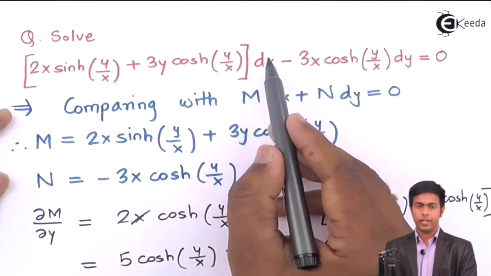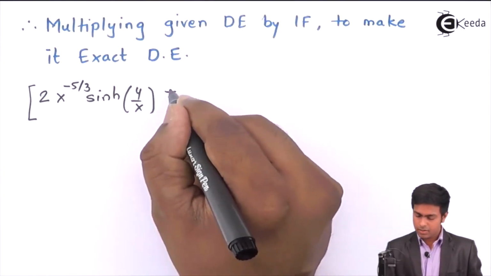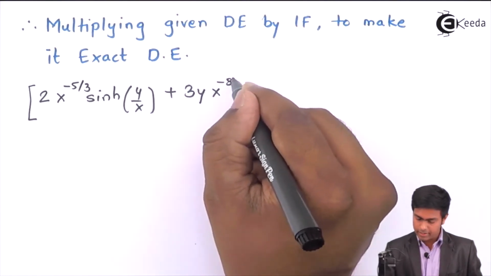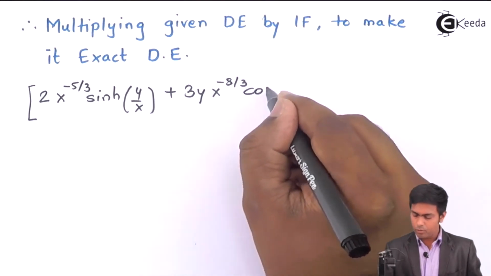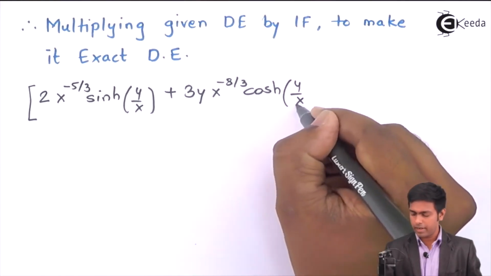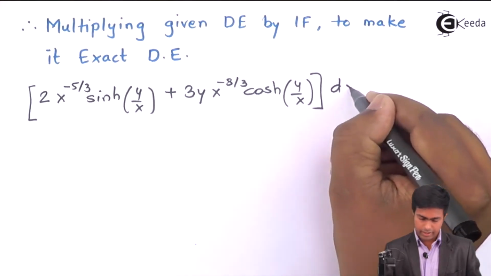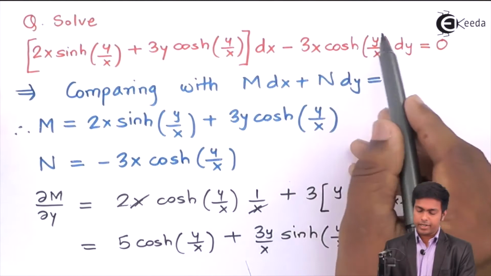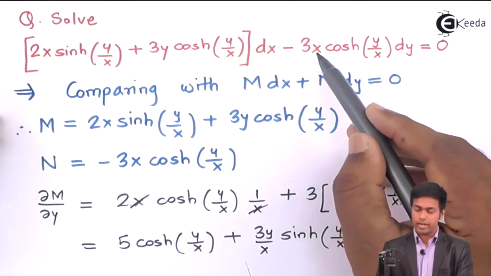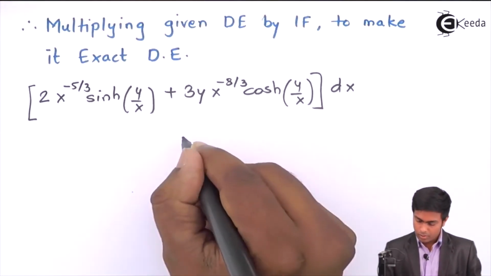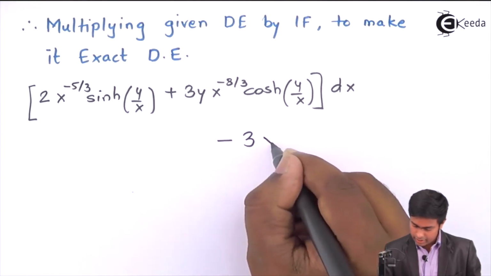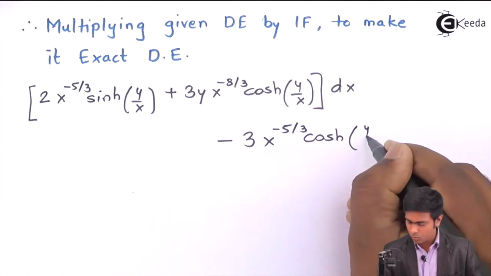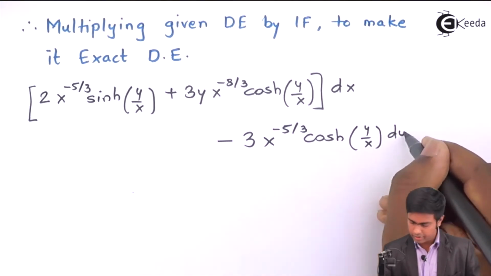Here we will get plus 3y x raised to minus 8 by 3 cosh(y/x) dx. Next, by multiplying it with 1 upon x raised to 8 by 3, we will get minus 3 x raised to minus 5 by 3 cosh(y/x) dy equal to 0.